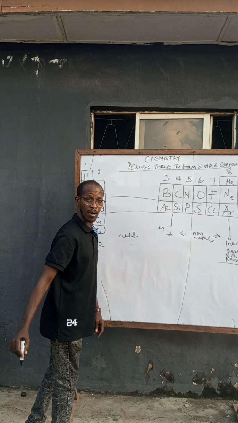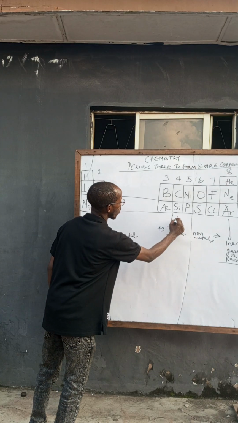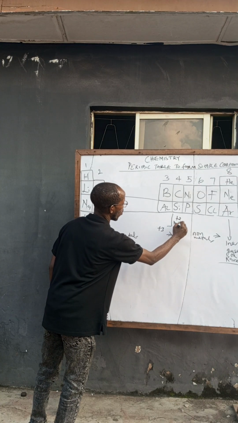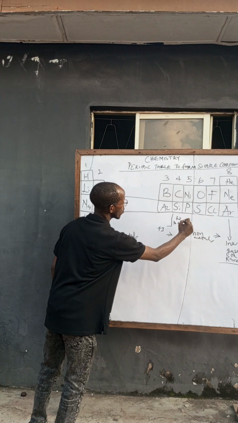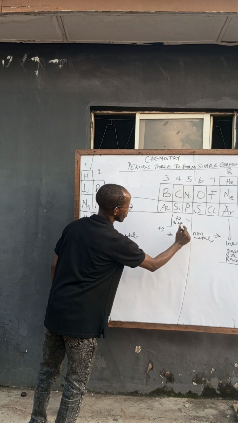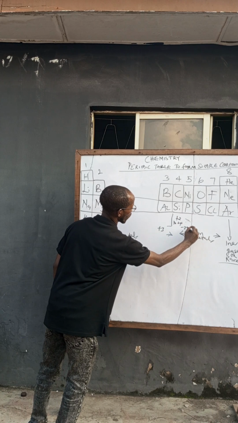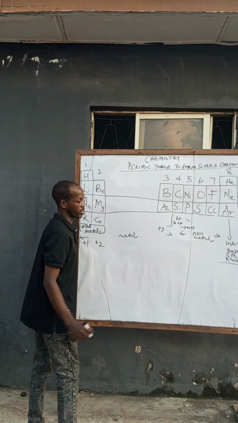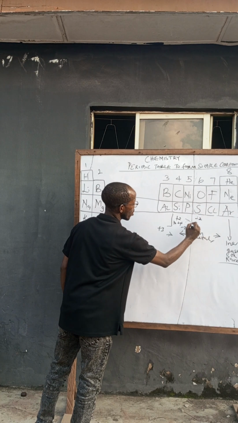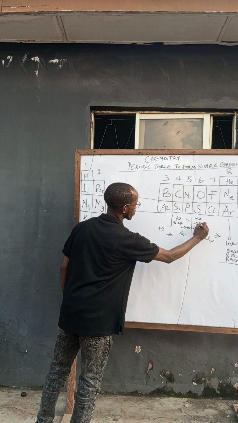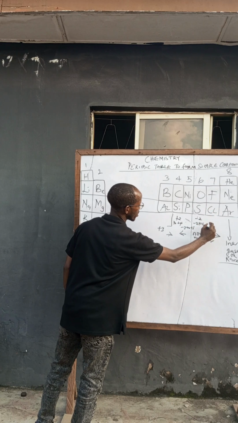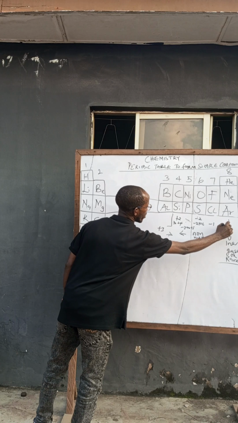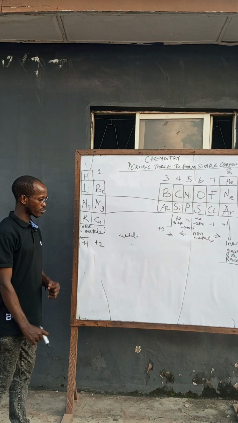But when you come to carbon, group 4, it's +2 to +4. In group 5, -3 to +5. In group 6, oxygen is -2, but sulfur is -2 to +6. In group 7, the halogens, you talk about -1. And none for the rare gases.